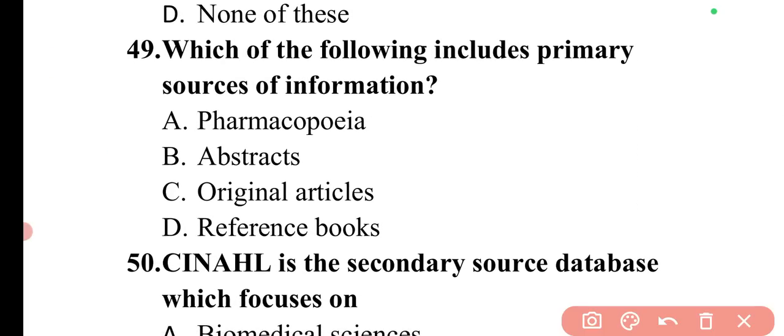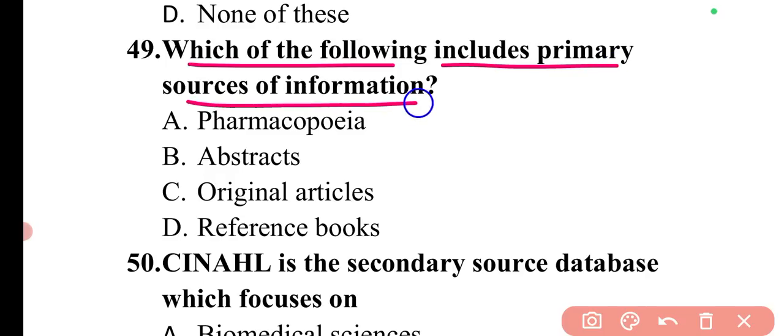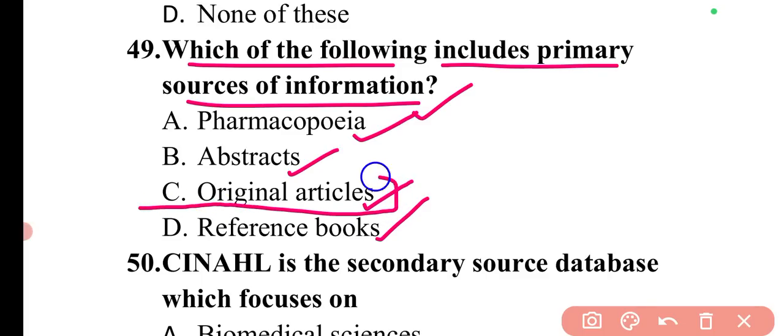Next question is, which of the following includes primary source of information? Options are pharmacopoeia, abstracts, original articles, or reference books. The correct answer is option number C, original articles.